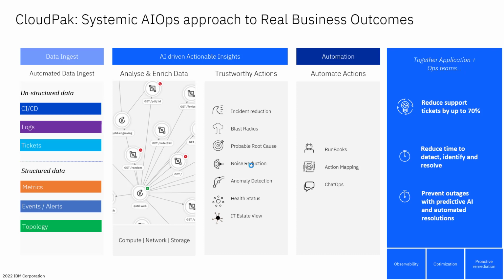We apply the AI capabilities to visualize things that we haven't known before, get additional insights, provide trustworthy actions, and try to automate as much as possible. Just think of the 10% or less of the few people who know everything about your environment. They know how to resolve things.